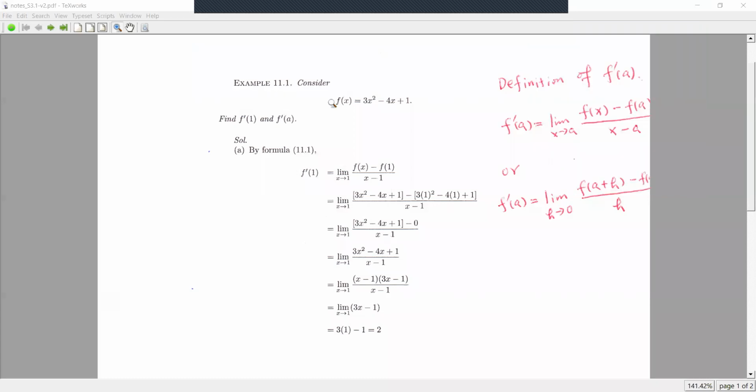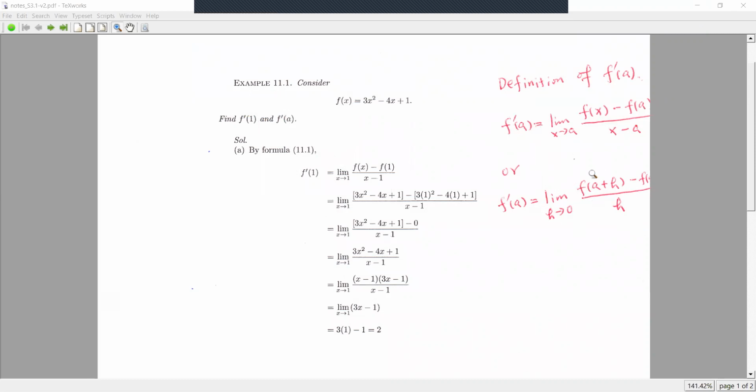Example 1. Consider this function. Find the derivative of the function at the point 1 and the derivative of the function at the point a. We have two formulas to compute a derivative. I am going to use this formula to compute the derivative at 1.